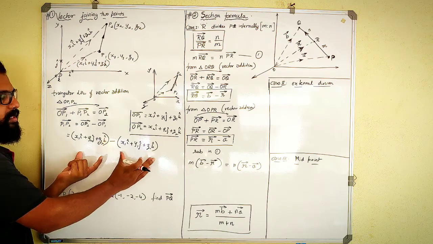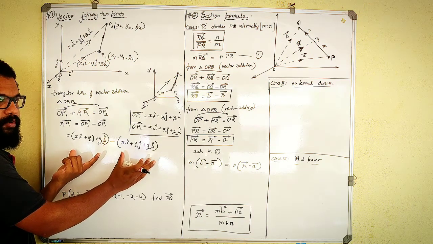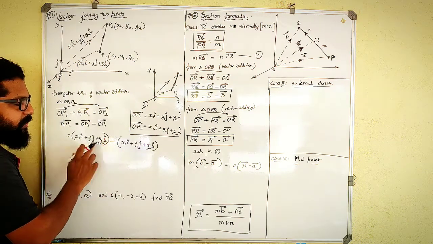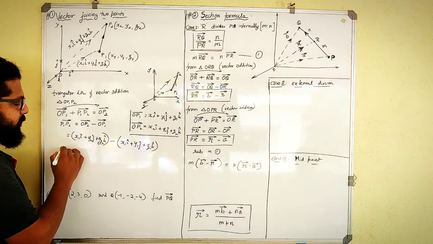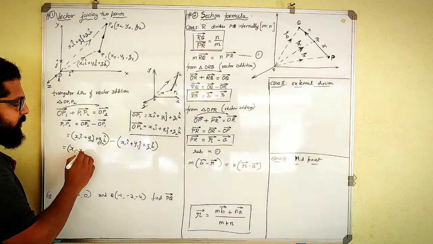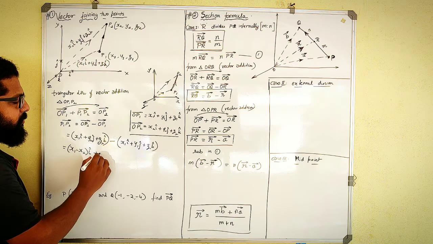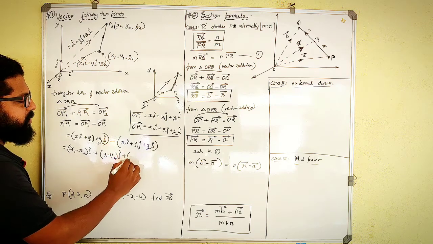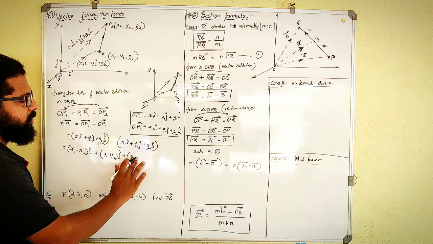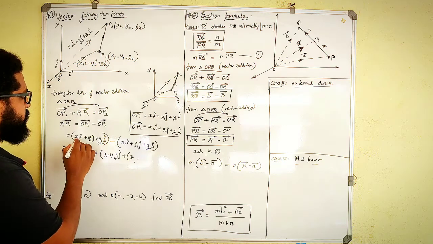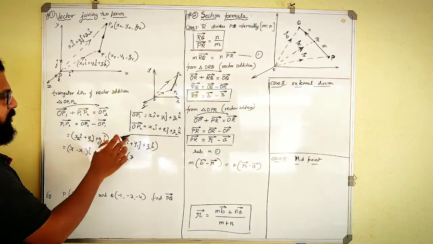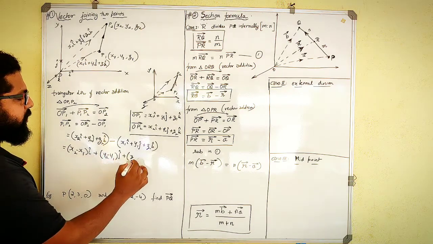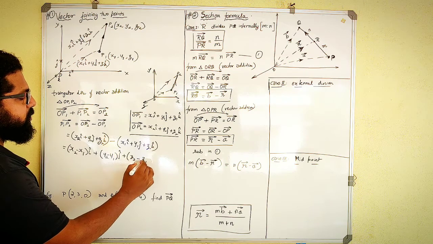Now this comes to the subtraction of two vectors in component form. The subtraction of two vectors in component form means I just have to subtract the components of those vectors, which means it will look like this: x2 minus x1 i cap plus y2 minus y1 j cap plus, sorry, this is a mistake, it is 2 minus 1, 2 minus 1, and then again z2 minus z1.